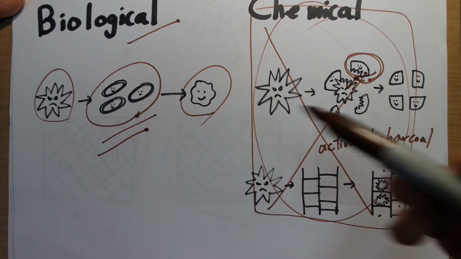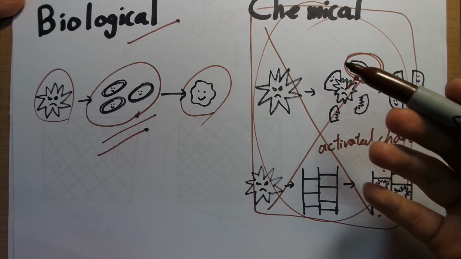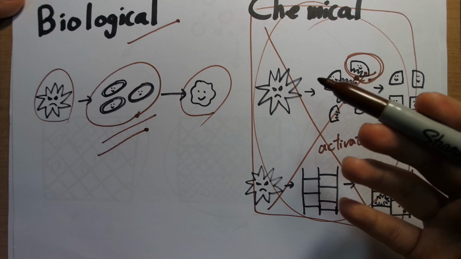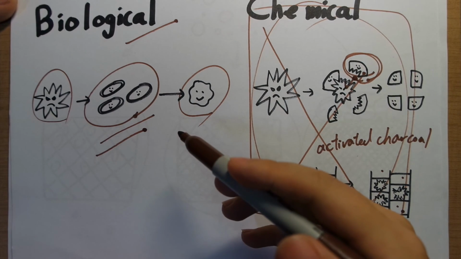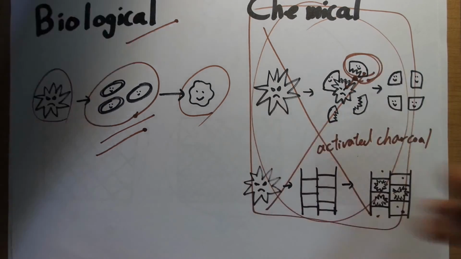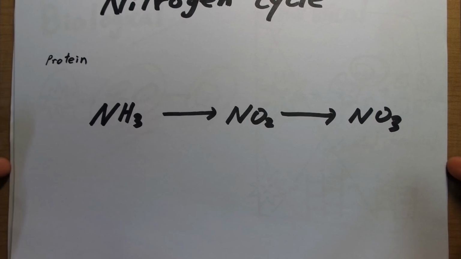For industrial wastewater treatment, chemical treatment is a relevant thing, but from a hobbyist perspective, biological is definitely the way to go.